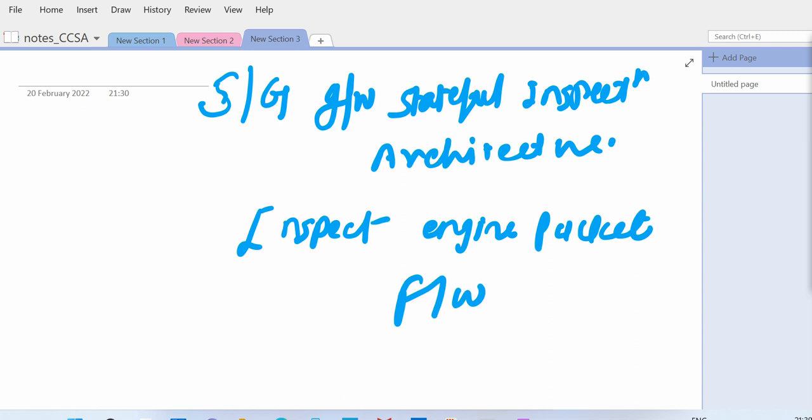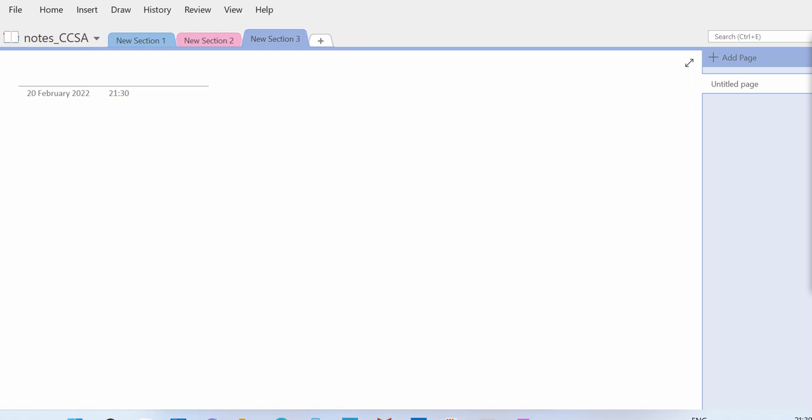To understand this statement, let's draw a small flowchart. Consider this is the NIC from where the packet is coming. Then there is something called new connection, if the packet is newly arrived.